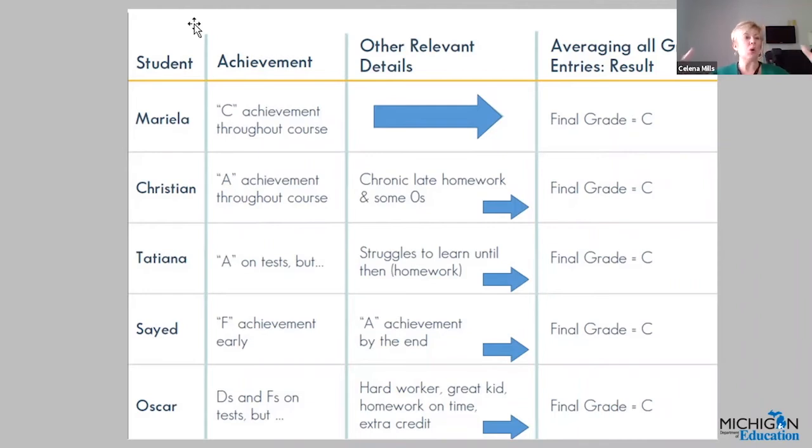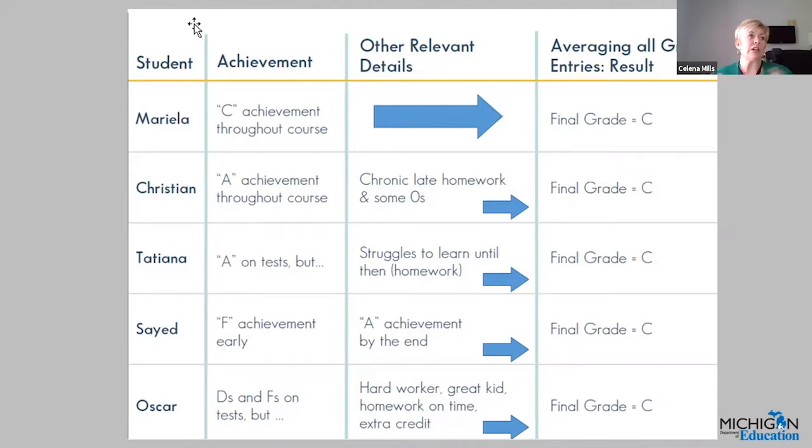They don't know just by looking at that house what the foundation looks like. And as you can see on this slide, what happens is that we put a letter grade out there. But if you look in that middle column, you can see for each of these 5 students that there's something different that makes up that letter grade for each of them, even though the end result looks the same.